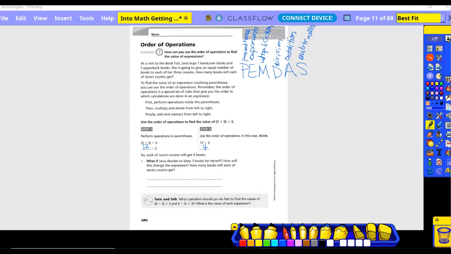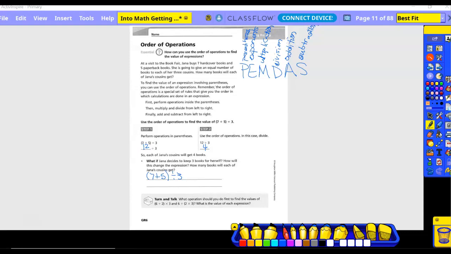So what would we do? We would still have this, right? 7 plus 5 divided by 3. And then she wants to do what? Keep 3 books for herself. So what would I do then? Would I add 3 or subtract 3? Okay, so I'm going to subtract 3, but where am I going to put that?